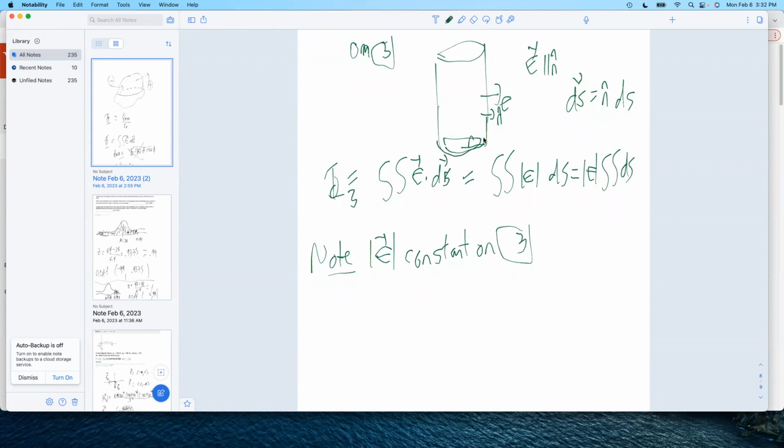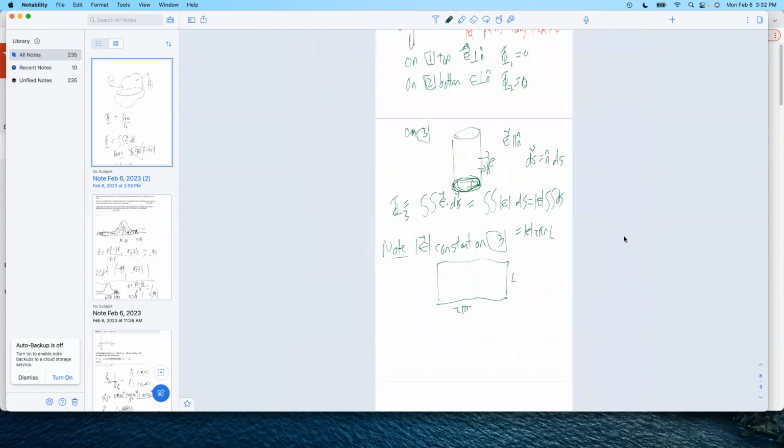If we unroll this and turn it into a rectangle, it would have this length, which is 2 pi r, and that height that we called L. So this will be magnitude of E, 2 pi r L. That's half of what we need.